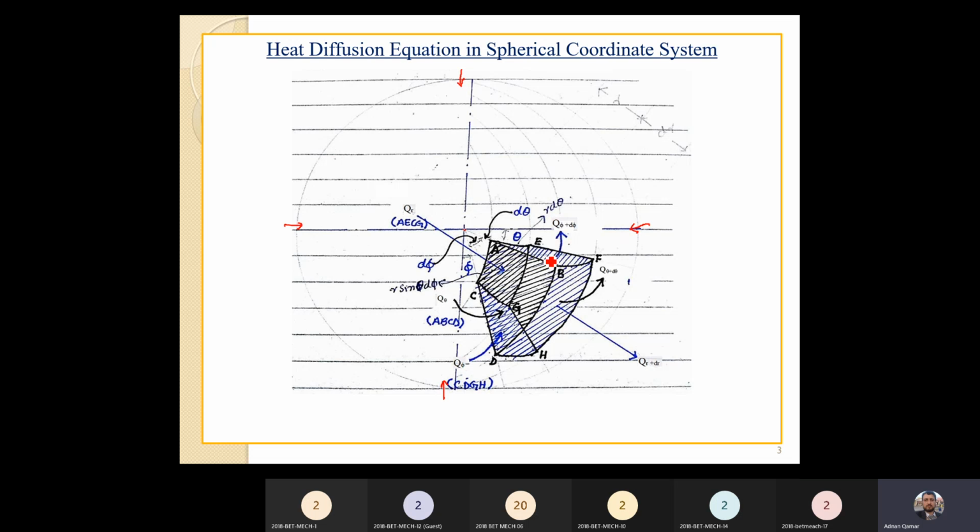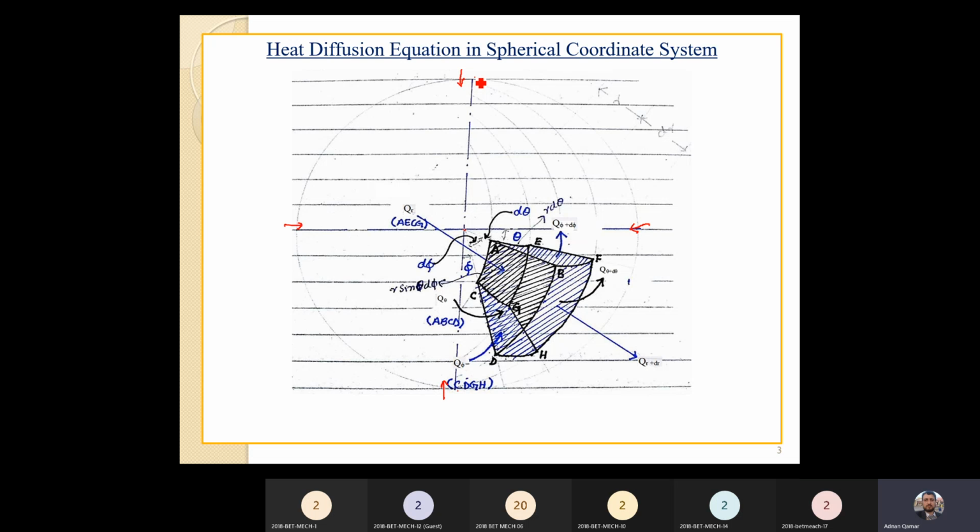Now in that case, we will calculate the overall heat transfer through this small element of the sphere, and then we will integrate it across the boundary limits of this sphere.